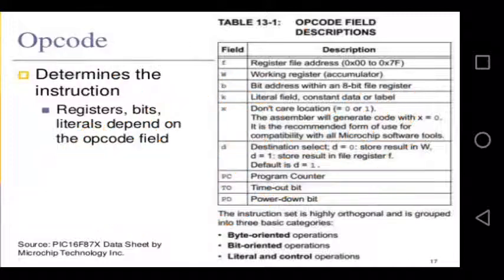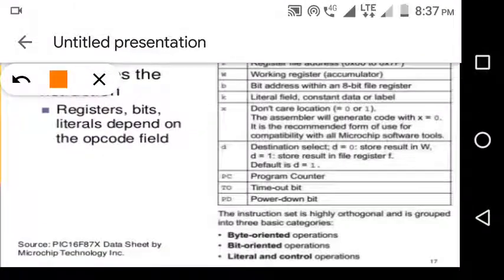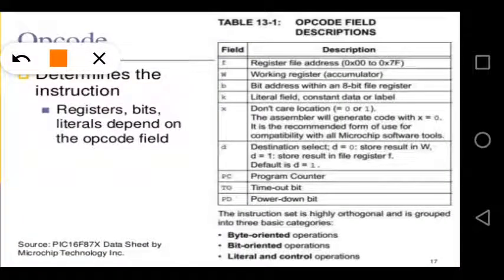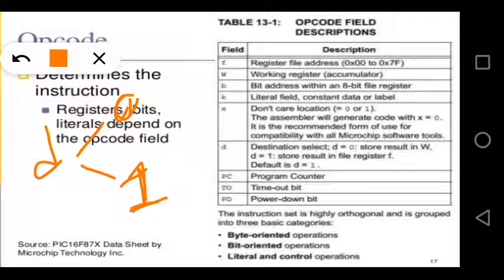Next, I have small d. Small d and small x are called flag registers. The specialty of them is that they can have only two values, either 0 or 1.